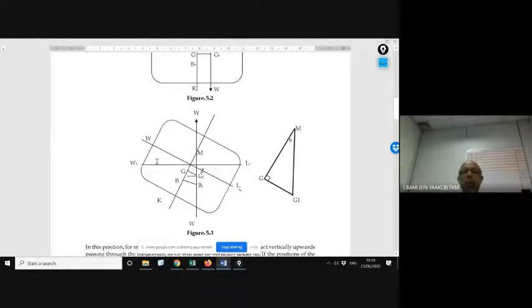So they are now in equilibrium. So this is the equilibrium, right?